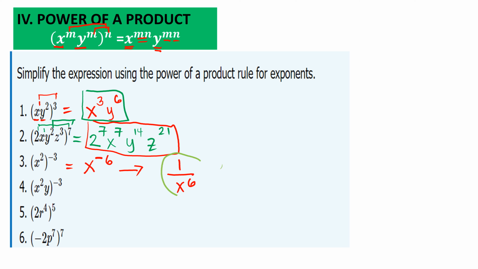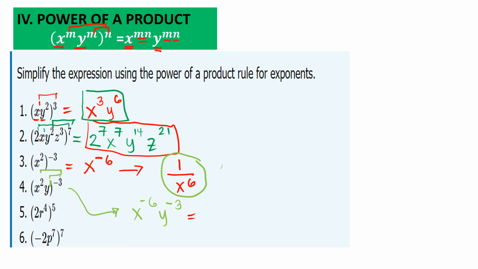And then let's proceed to number 4. So number 4, we have x to the power of 2 times negative 3 will be negative 6, and the y has a 1 understood. So this will be y to the power of 1 times negative 3 is negative 3. But that is not yet done, no? That is still unsimplified.